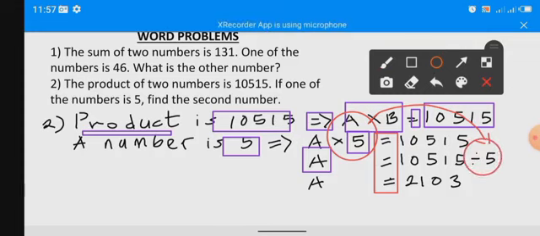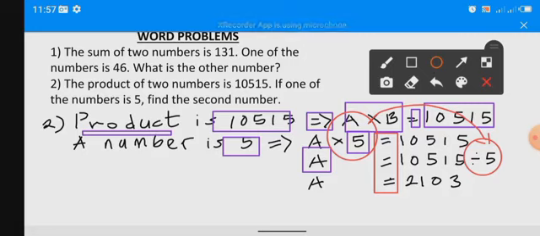Get it? So that's it. The sign will change whenever a number or a value moves from one side of the equation to the other side of the equation.